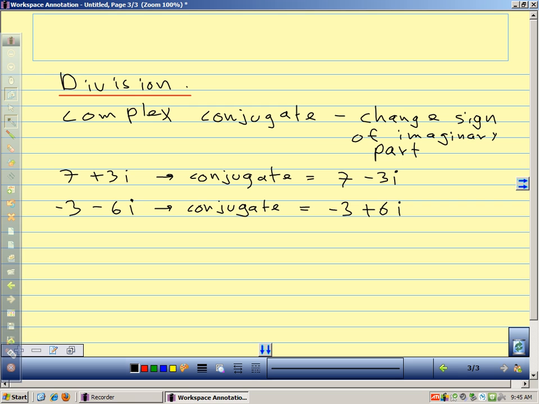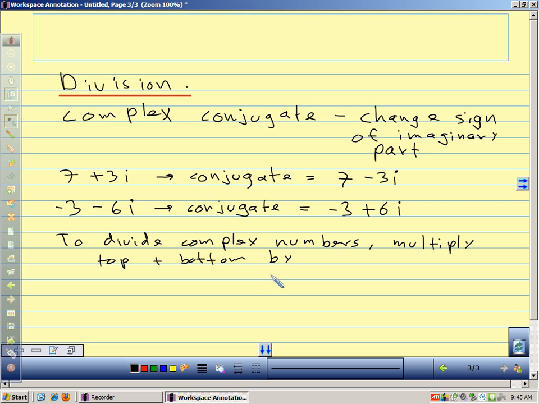So to divide two complex numbers, what I do is multiply the top and the bottom by the complex conjugate. And we multiply by the complex conjugate of the denominator.